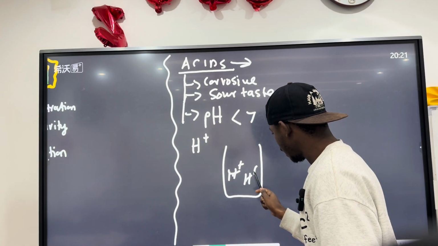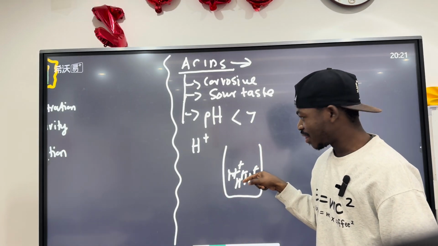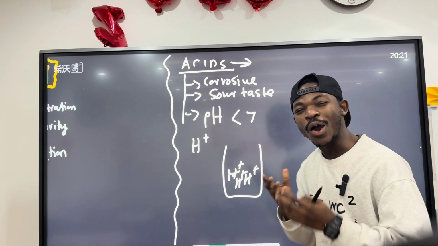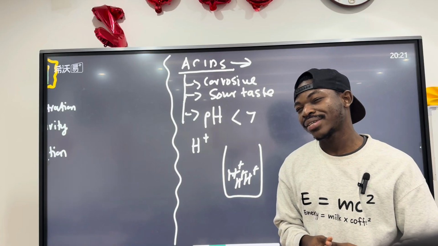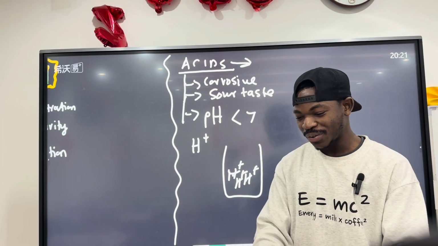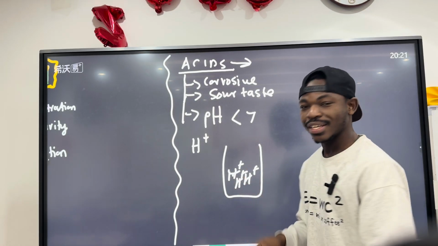So there's a substance that dissolved in water, then after dissolving in water, it produced these hydrogen ions as the only positively charged ions. We call that substance an acid.